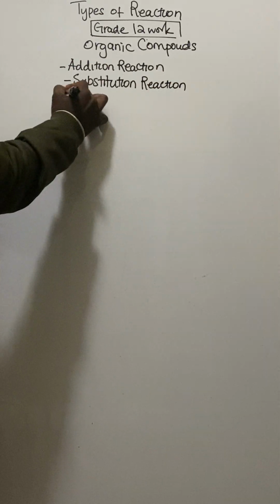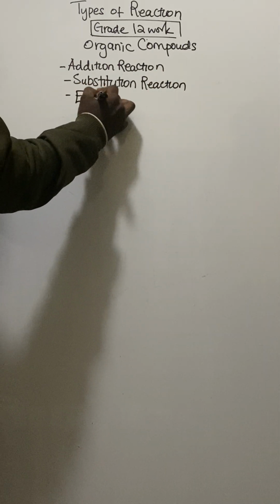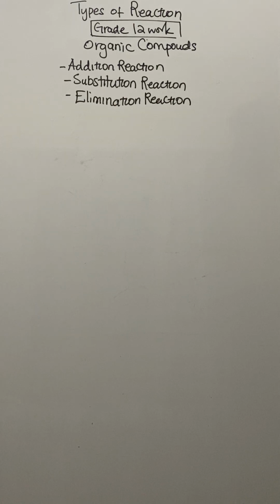And the last one is the elimination reaction. I repeat again, we have three types of reactions: the addition reaction, substitution reaction, and the elimination reaction. With that being the case, we will be focusing more on the addition reaction just for today.